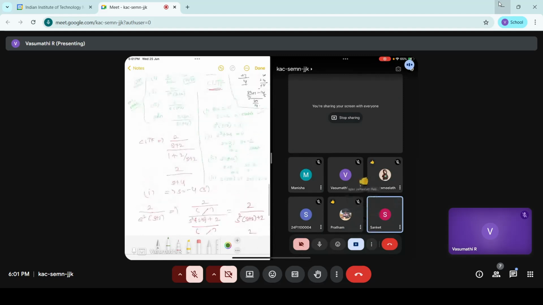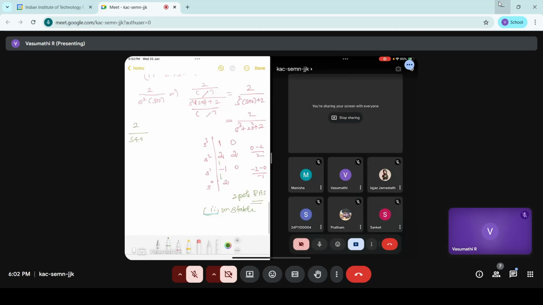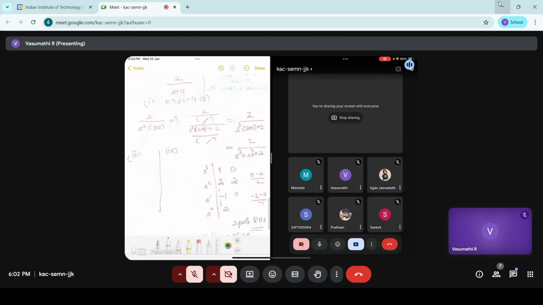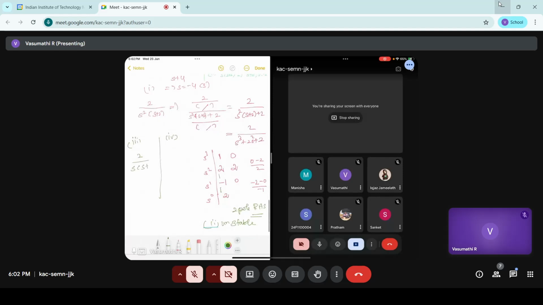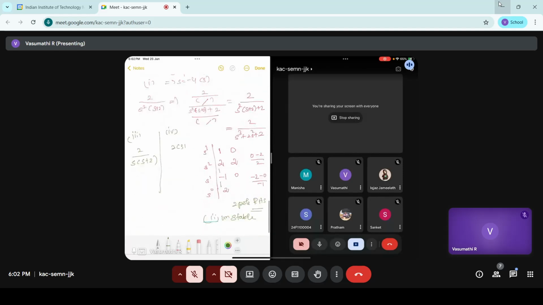The second one is unstable. The third one is 2 by, we will solve this simultaneously. Then u into (s plus 1) by s into (s plus 2), similarly.